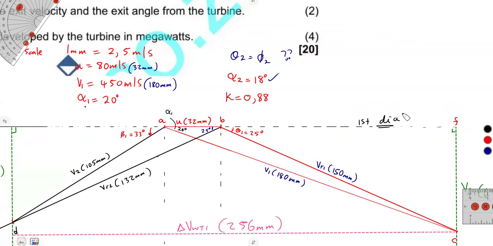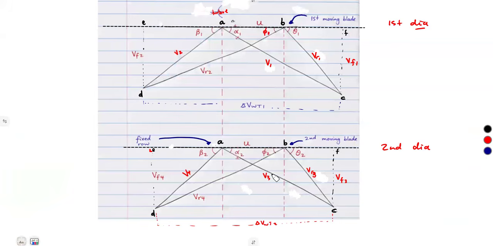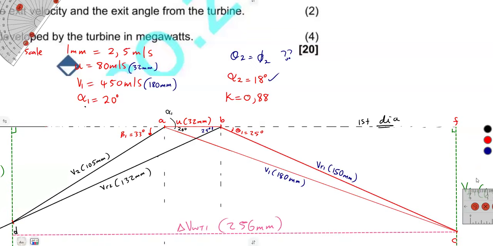Remember the relationship between the velocities, V2 and V3, of the second diagram. Because we've got this angle alpha 2 and V3, we can construct that diagram. This is our A and our B. From A, this is the angle alpha 2, and this will be V3. So we need the value of V3 from the V2 of the first diagram.